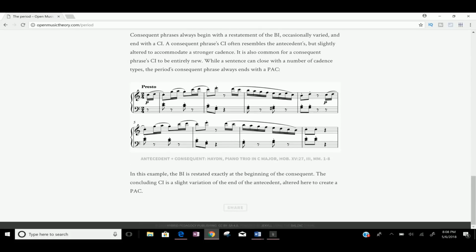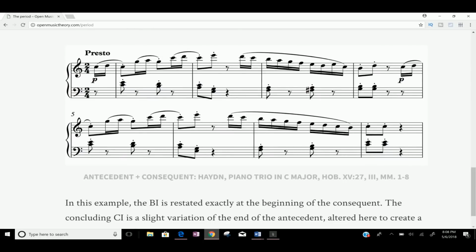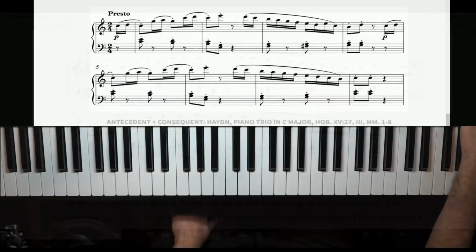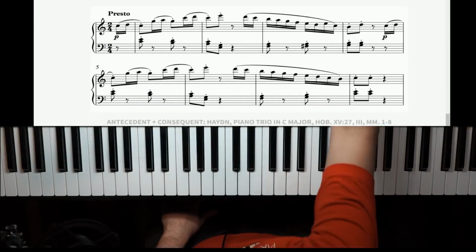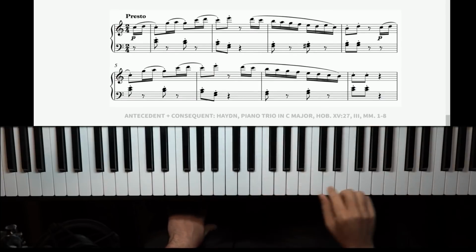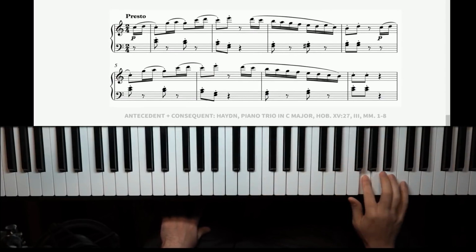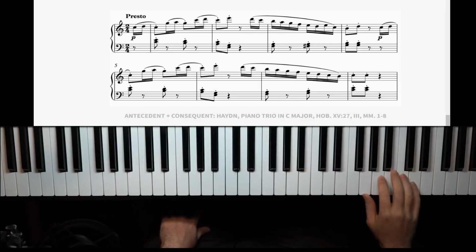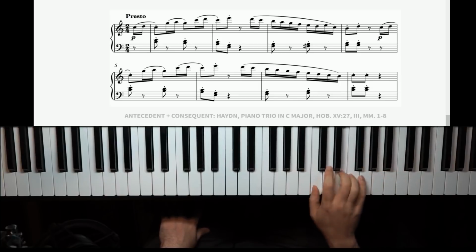Okay, now we're going to throw the consequent phrase into it. So now that we have a complete idea, as you can see from this page right away, let me see if I can get both the piano and that up there. As you can see right away, the beginning here, and it starts again.